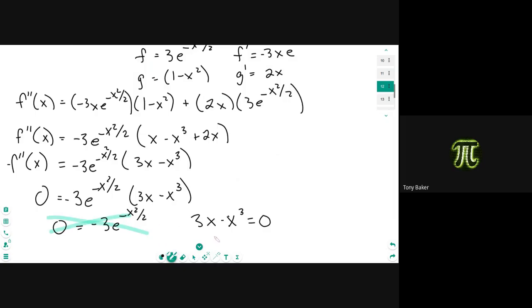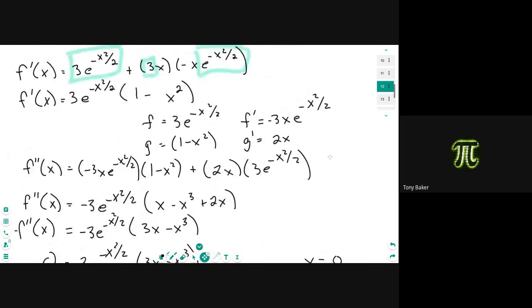So this one, I can pull out an x. So I have x times 3 minus x squared. So I know x equals 0, and x equals plus or minus the square root of 3. Don't worry, I'm not going to make you plug it back in, in the interest of time, because I still have a couple problems after.